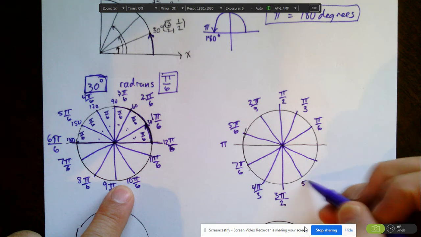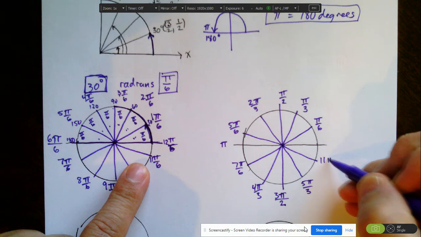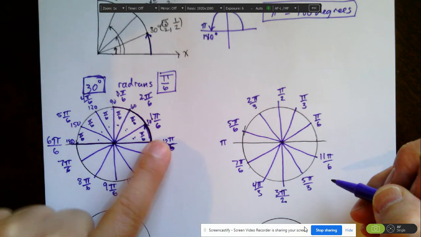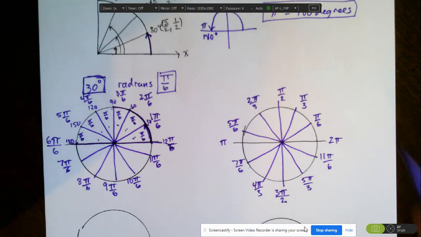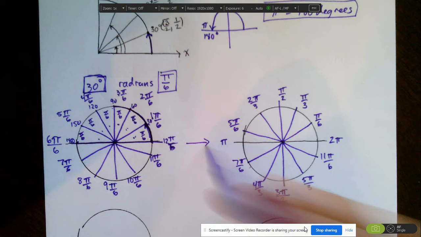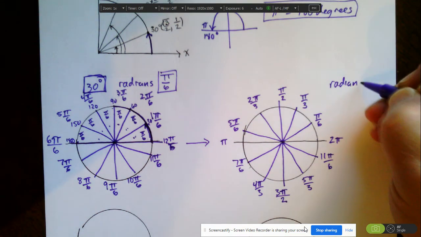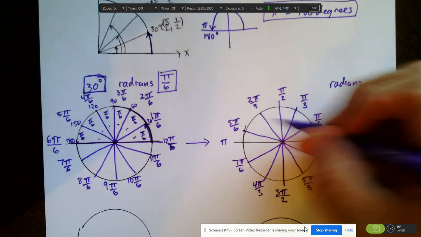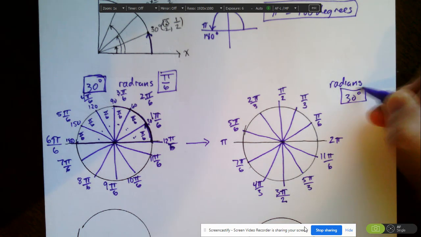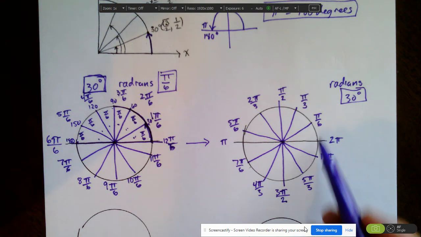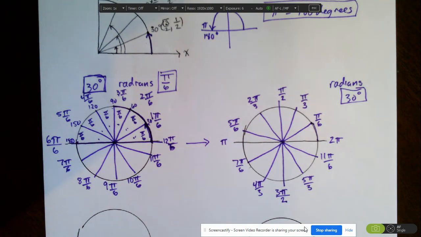Over here it's going to be 5 pi over 3, and this is already simplified, 11 pi over 6, and then 12 pi over 6. 6 goes into 12, so 2 pi. And once we're all done here, this is a simplified version. This is what the radians are when your unit circle is split in 30 degrees. Okay? So these are the radians, the distance around the circle when your unit circle is split into 30 degrees.